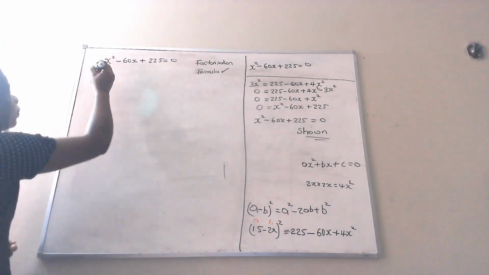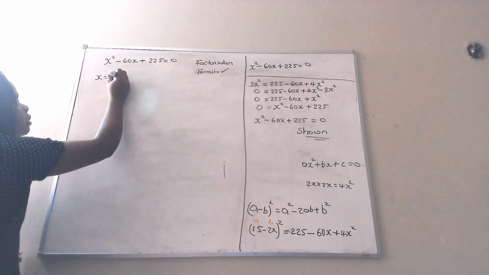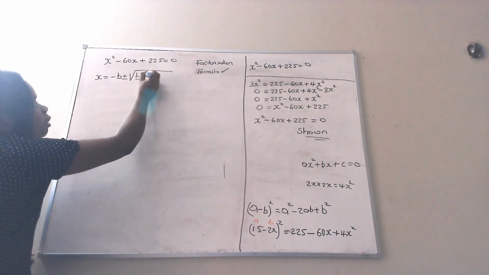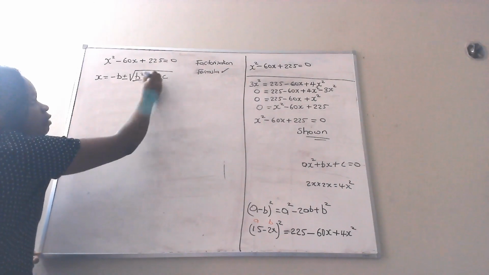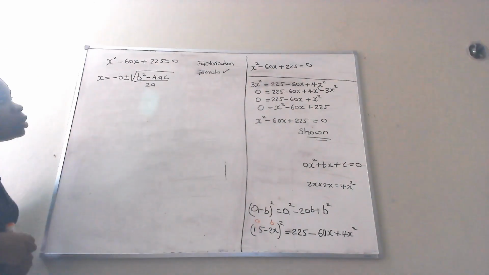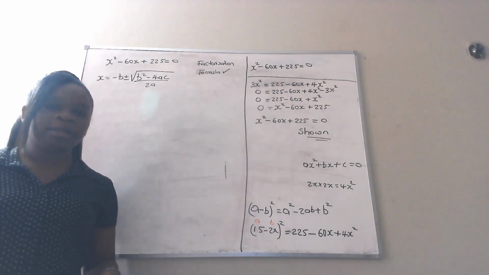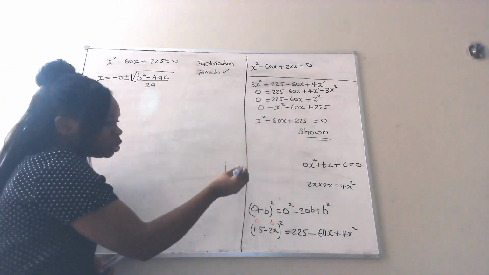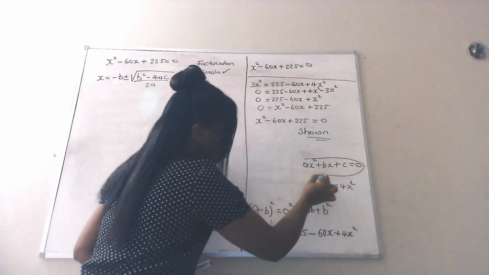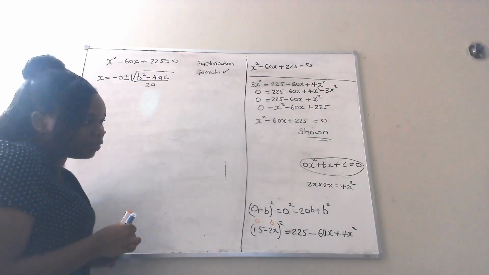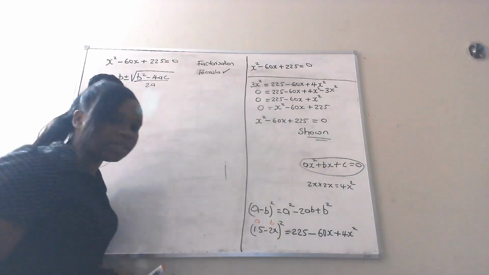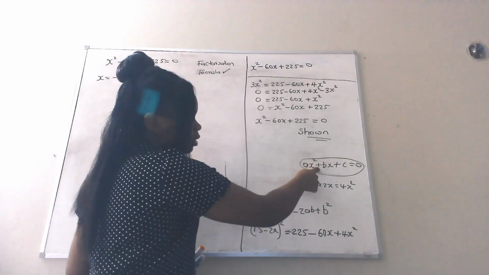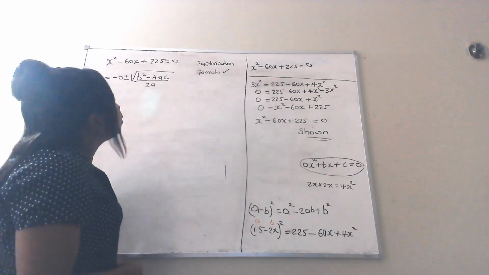So what is the formula? X is equal to negative b plus or minus the square root of b squared minus 4ac, divided by 2a. So we need to know what a is, b is, and c is. So remember the general formula of a quadratic equation. The signs, don't worry about the signs, will always change. But we need to know what each of A, B, and C is.